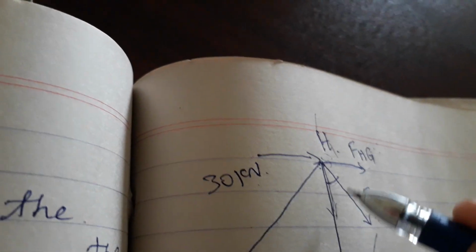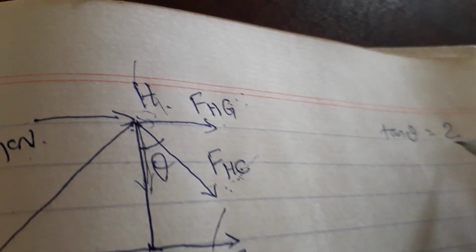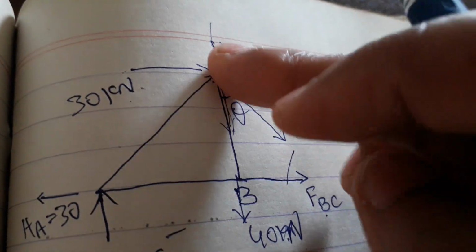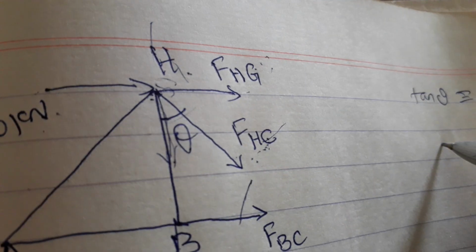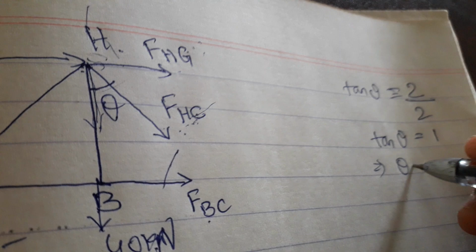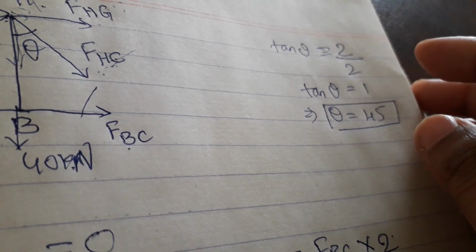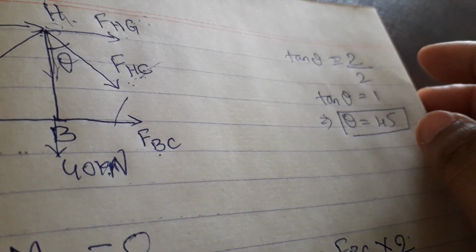This angle, see here, if I take this as theta, then tan theta is equal to opposite side, which is 2 meter, and the adjacent side is this one, that is also 2 meter. Tan theta is equal to 1, and we know that theta is equal to 45 degree, because tan inverse 1 gives you 45 degree.